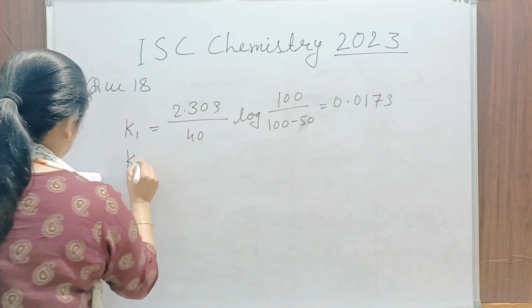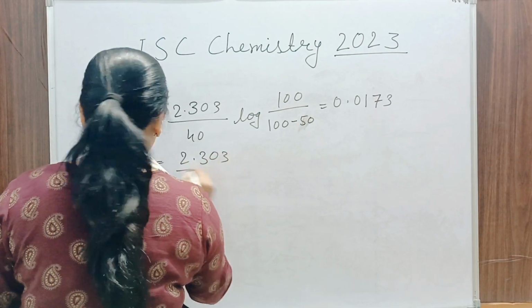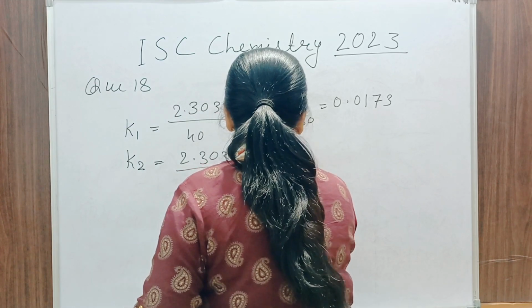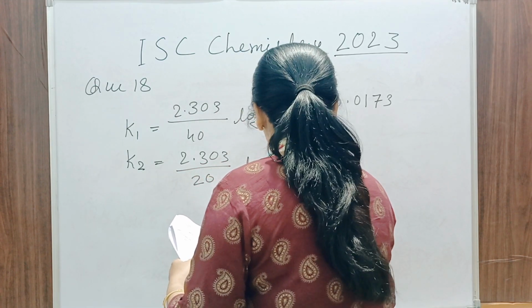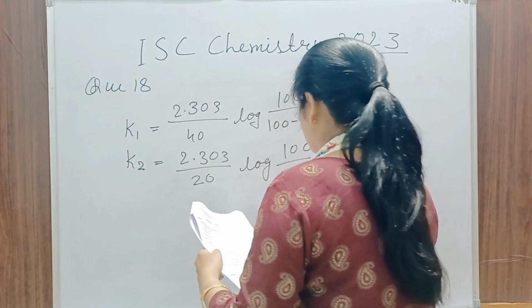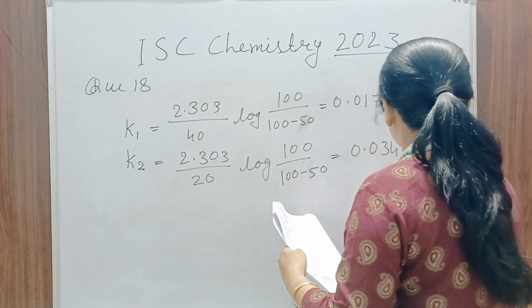Then K2 is 2.303 upon 20 log 100 upon 100 minus 50. When we calculate this, we get 0.03466.